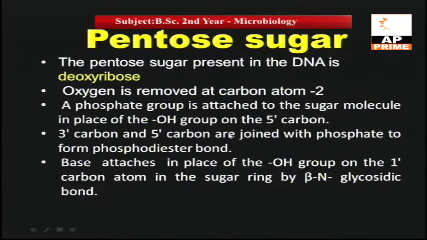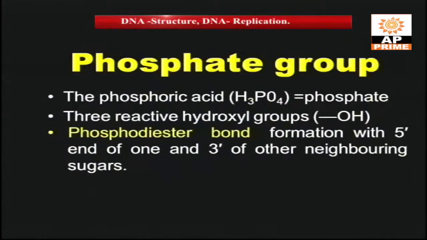The 3' carbon and 5' carbon of this pentose sugar are attached to a phosphate molecule to form a phosphodiester bond, and the 1' carbon is attached to a nitrogenous base by means of a beta N glycosidic bond.